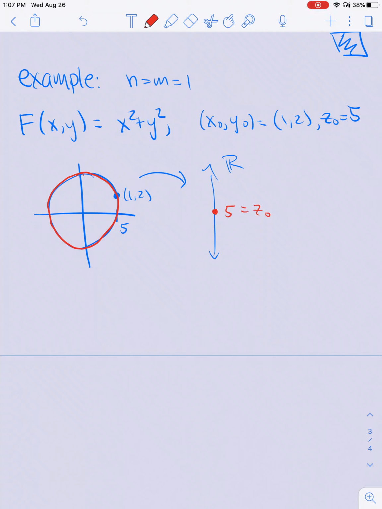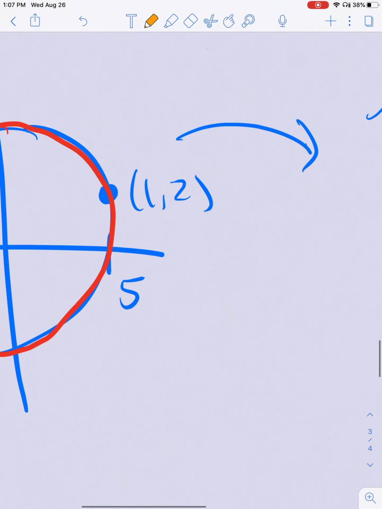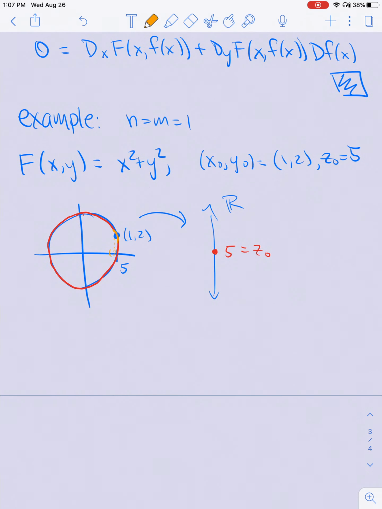So it's pretty clear that this is not the graph of a function everywhere. But if I zoom in close enough, I didn't draw this great, but if I take a small enough neighborhood, then the level set actually is the graph of a function. So in this case, you can just solve this. f is equal to the square root of 5 minus x squared.